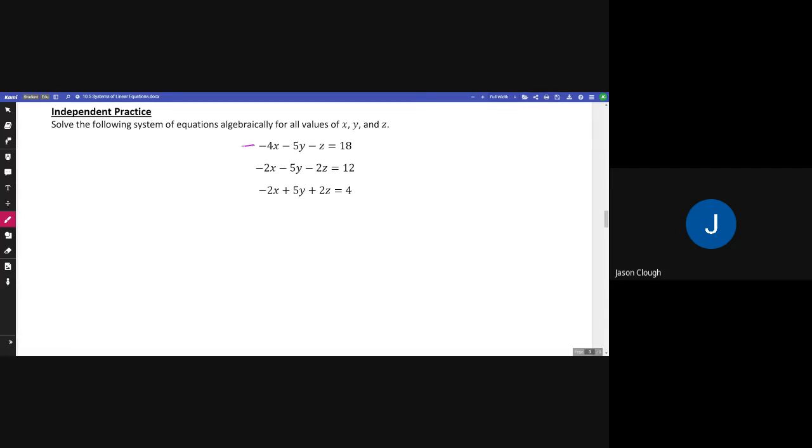But once again, I think getting rid of the y's will probably be the easiest case, since we won't have to multiply anything. And by picking these 2 equations and these 2 equations, we can get away with just adding up the numbers in order to cancel it out.